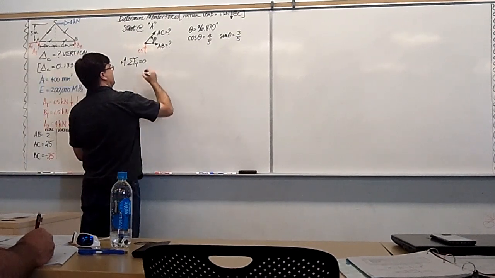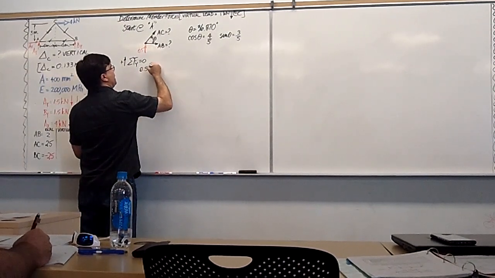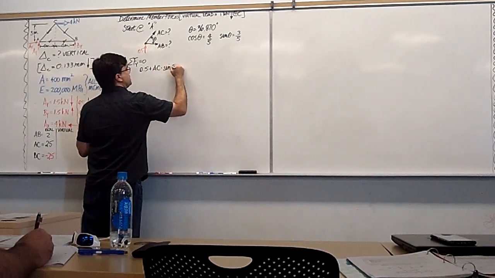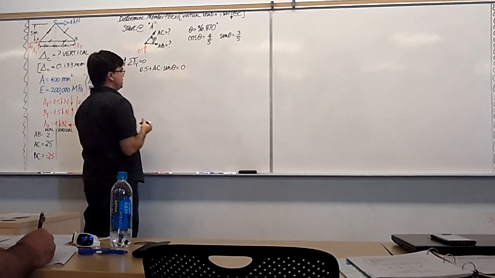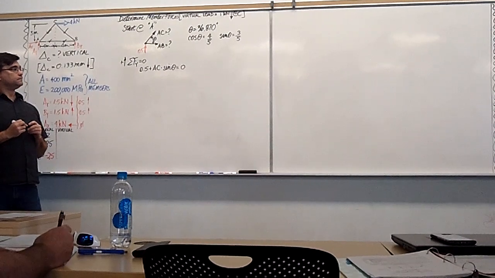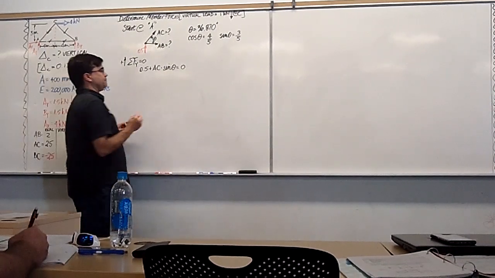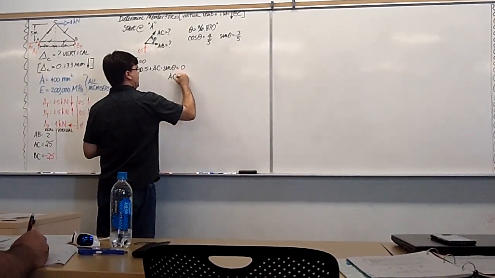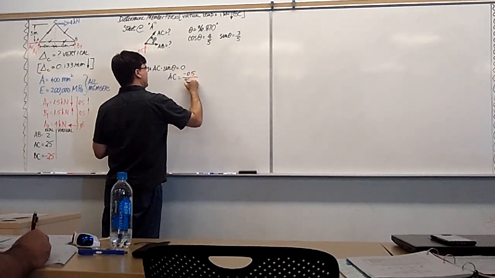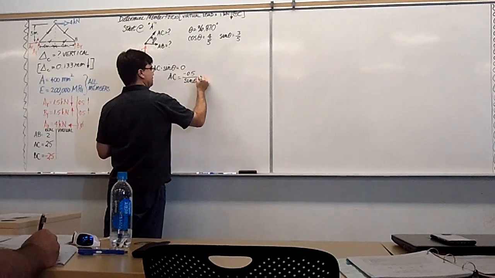We get 0.5 plus AC sine of the angle equals 0, which then becomes AC is equal to minus 0.5 over sine of the angle.